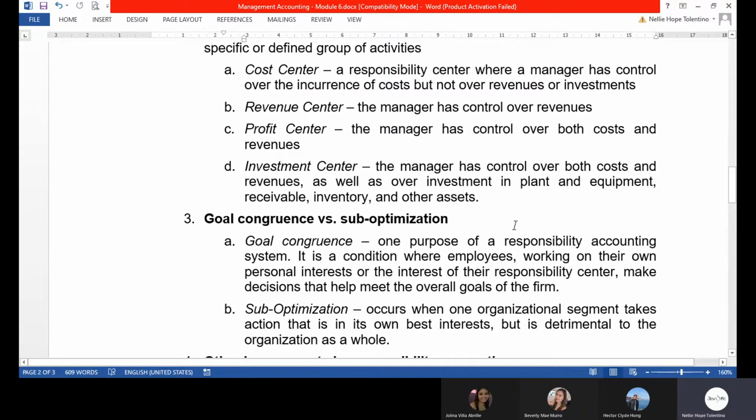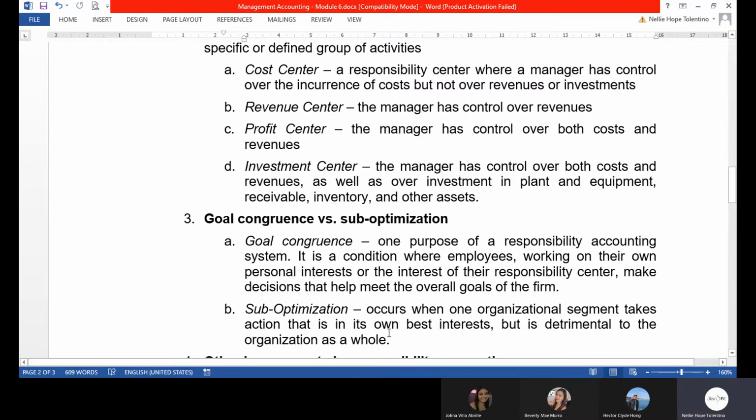Pero kapag nag-aaway-away, kumbaga parang may race, parang may competition, gusto ng Department 1 na mas maganda yung tingin sa kanila ng top management, tapos parang sinisiraan niya yung Department 2 and Department 3, ang nangyayari is sub-optimization. It occurs when one organizational segment takes action that is in its own best interest but is detrimental to the organization as a whole.